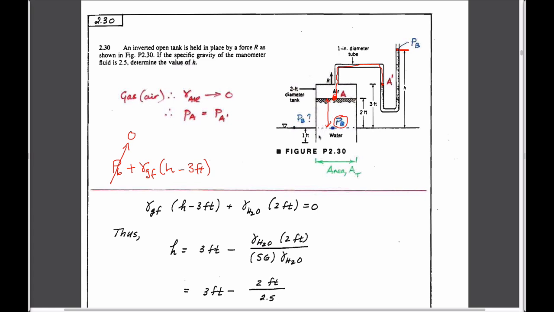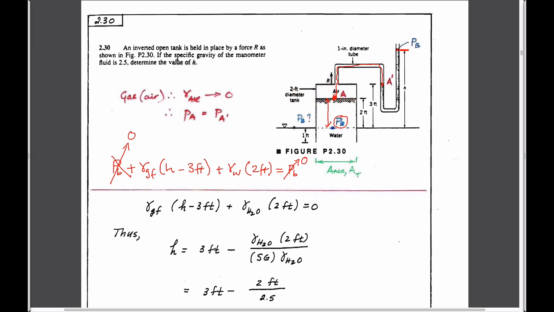So we're going down, so we'll increase in pressure rather, and it's the unit weight of water multiplied by whatever the height is, which in this case is 2 feet. And that then equals PB, which is equal to 0. We don't care about this, but this is the expression that defines our behavior.